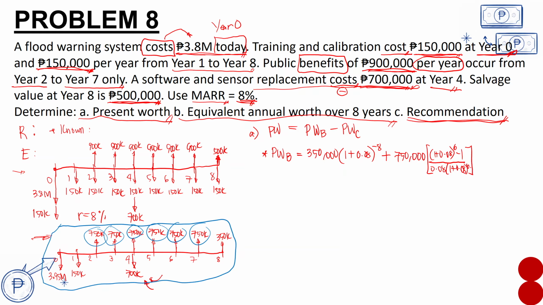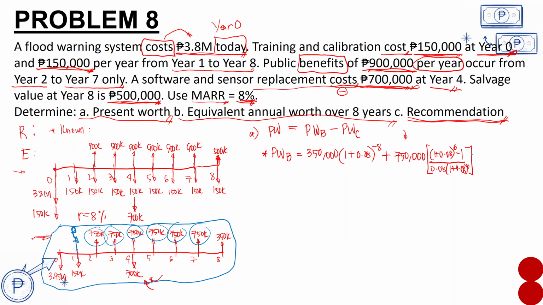However, we are not yet done, because the present value that we can solve for here is just the equivalent present value at year 1. But what we need is the present worth at year 0.